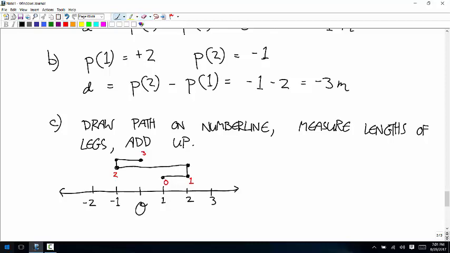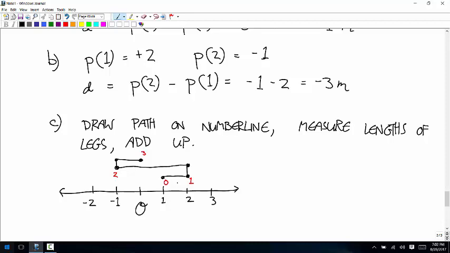So if we're trying to figure out the total distance that it travels from 0 seconds to 3 seconds, we just want to come up with the lengths of each leg. There's one leg that goes this way, and then it turns around and goes back the other way. So this is one leg, this is the second leg, and this is the third leg. So this first leg has a length of 1.